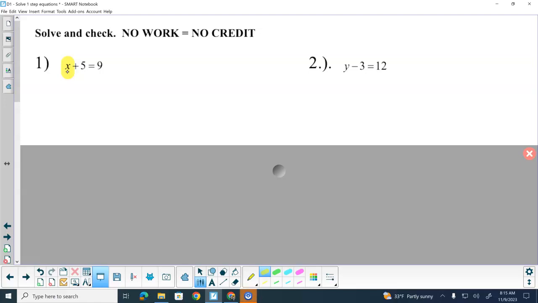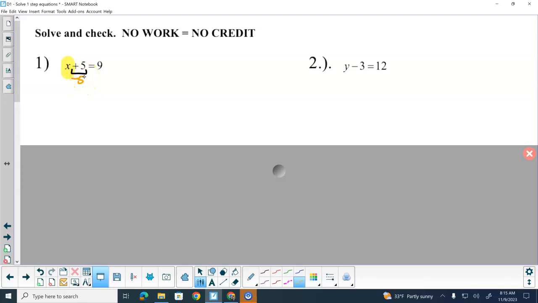If I'm looking at this side of the equation, I have a plus 5 that I need to move. So what's the inverse operation, or the opposite operation, of addition? Subtraction. So I am going to have to subtract 5 from both sides.